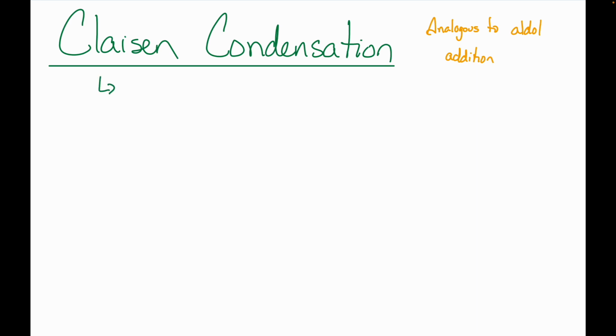All right. A Claisen condensation is simply an aldol addition, but instead of using an aldehyde or ketone, we're going to use an ester.